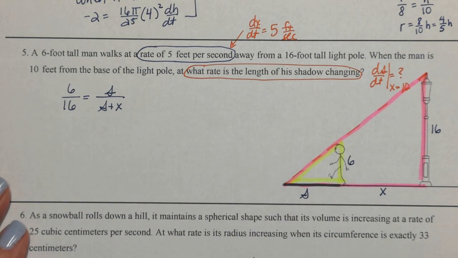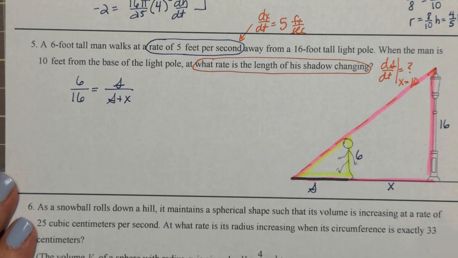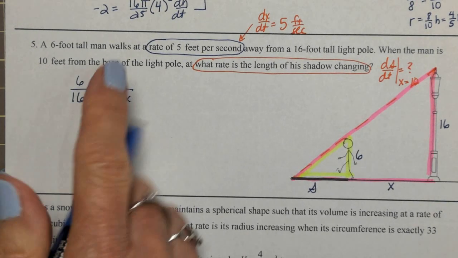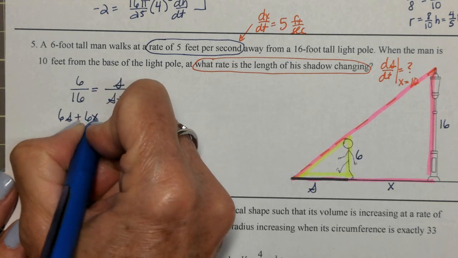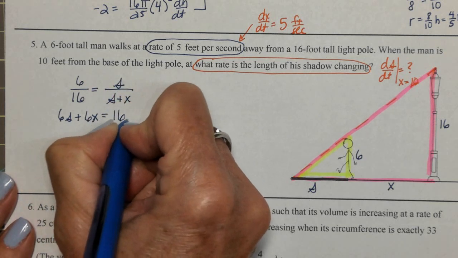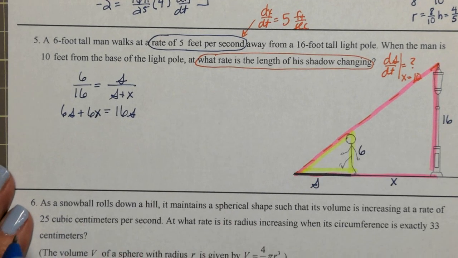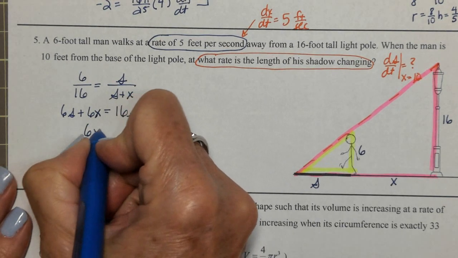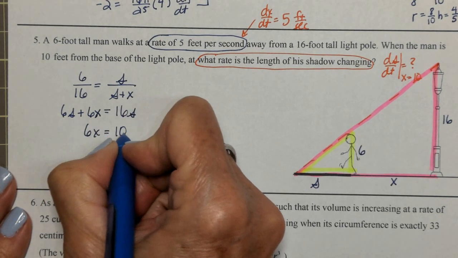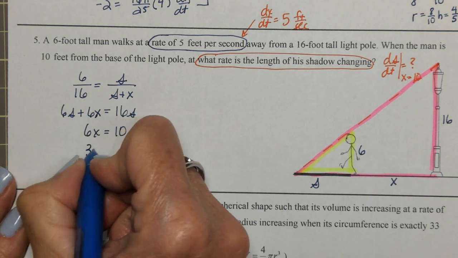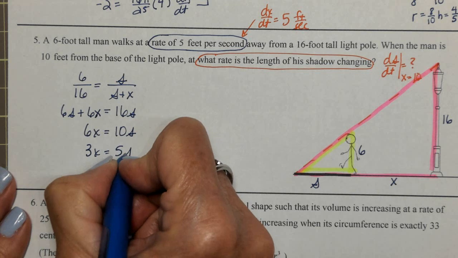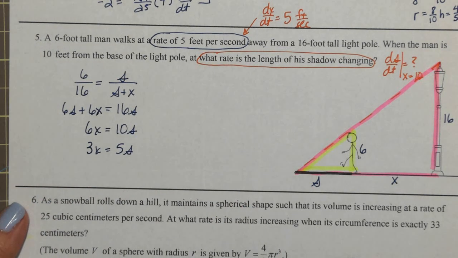True? I'm going to cross multiply here. I'm going to have 6s plus 6x is equal to 16s, which means that 6x is equal to 10s. Divide both sides by 2 to clean it up slightly. 3x is 5s.